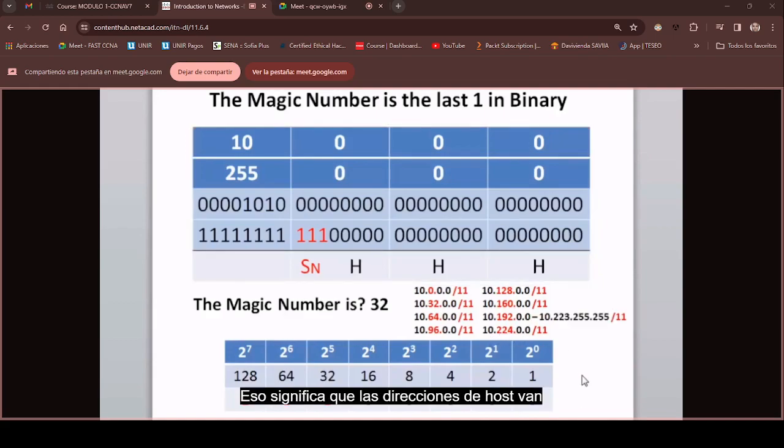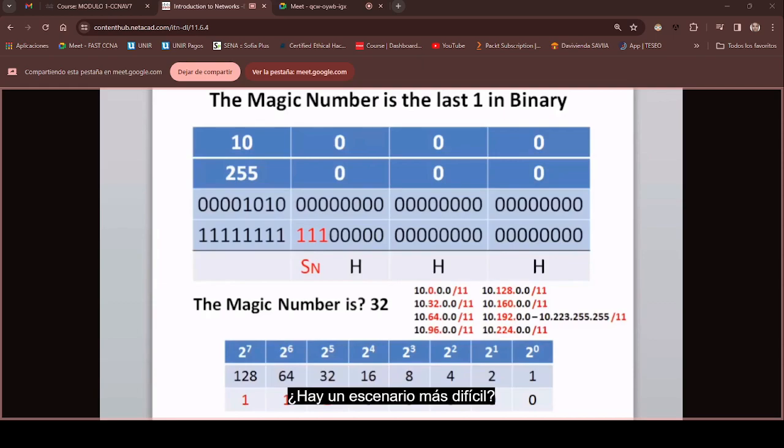So that means that the host addresses go from 0.1 all the way up to 10.223.255.254 as the last usable host, and 255 is the broadcast. The next address is 10.224.0.0, which is the next subnet. All of these subnets are now /11.